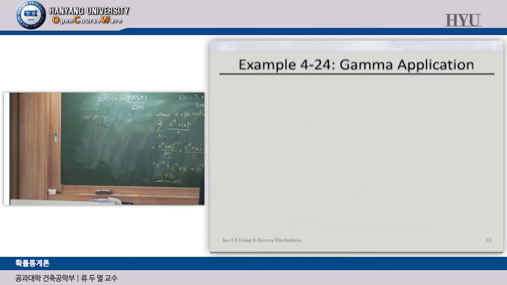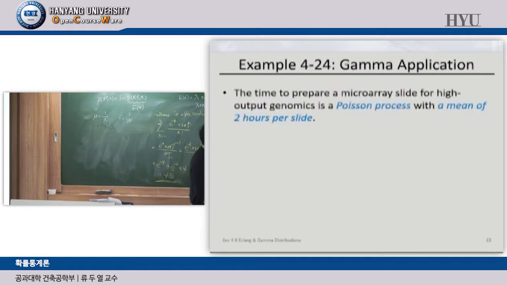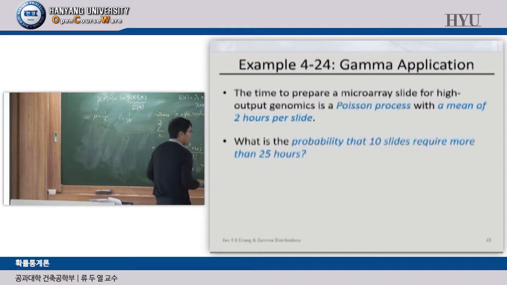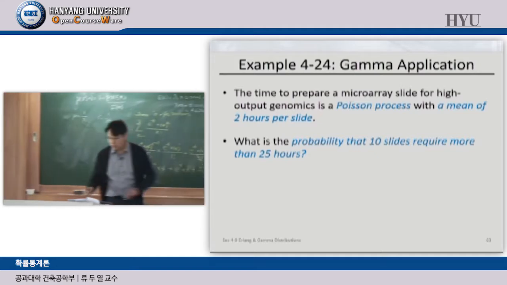And this is an example of a gamma application. The time to prepare a microarray slide for high output genomics is a Poisson process with a mean of 2 hours per slide. In this case, what is the probability that 10 slides require more than 25 hours? That is the problem.